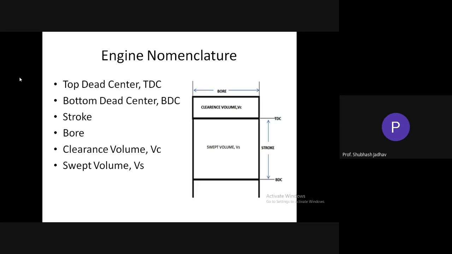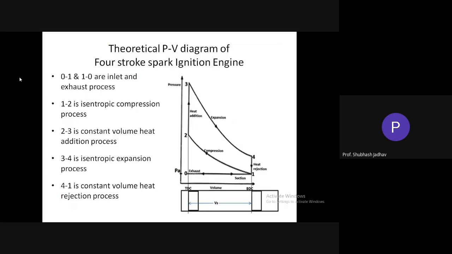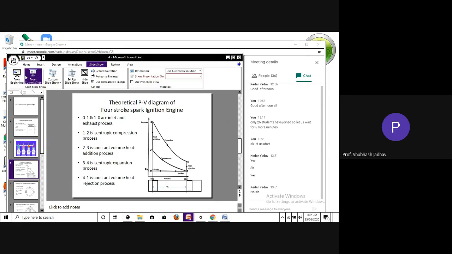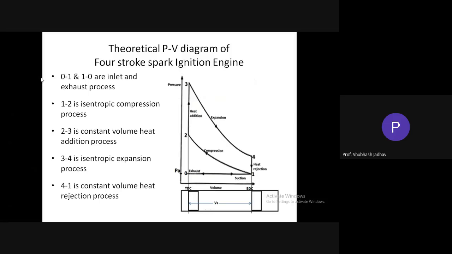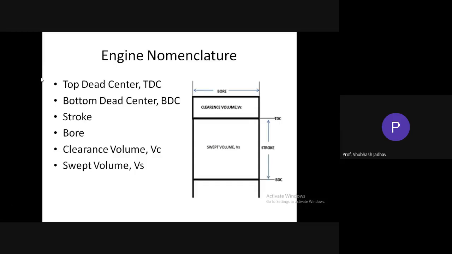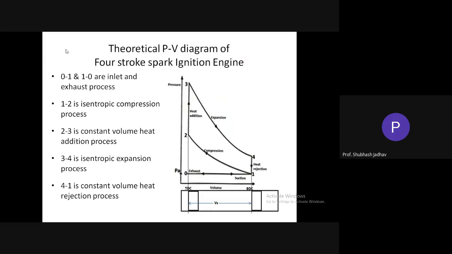So let us start. This was the engine nomenclature we have discussed, and in this particular slide, we'll go back. Okay, it's not coming.